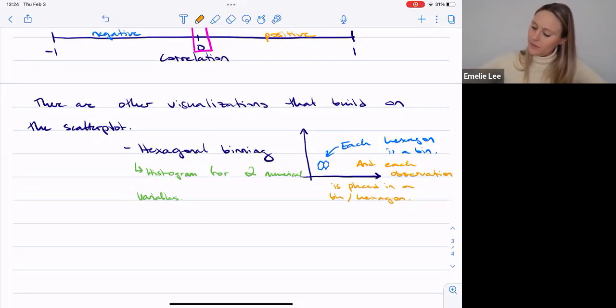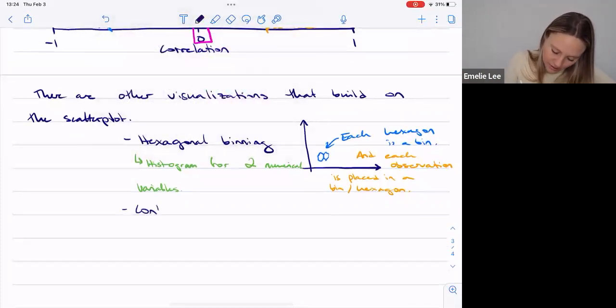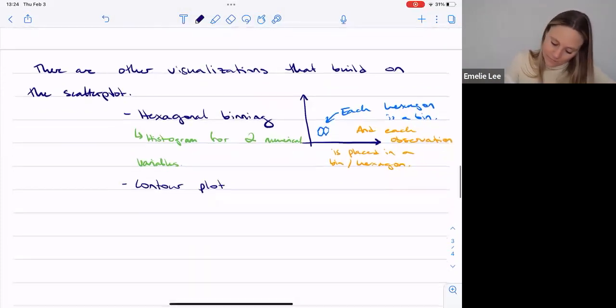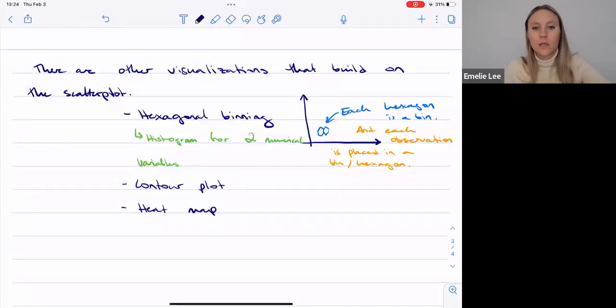Okay. What's another thing that you could do, kind of similar in my opinion, is a contour plot and also a heat map, right? We're going to talk more about those, and we're going to work through those in the lab and recreate them.